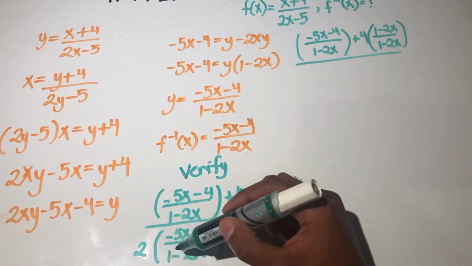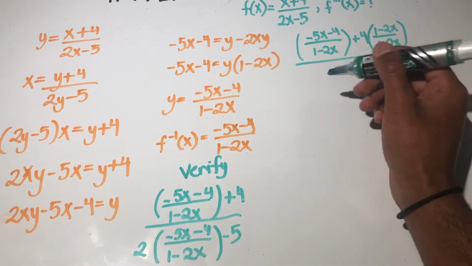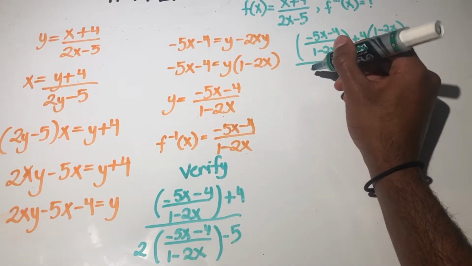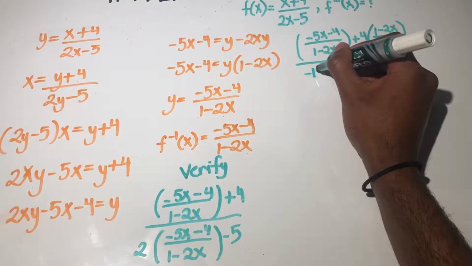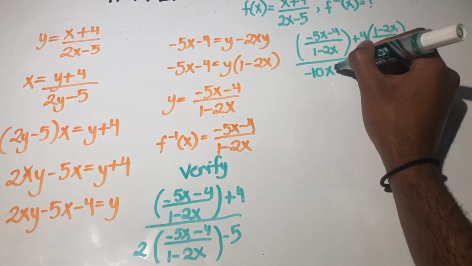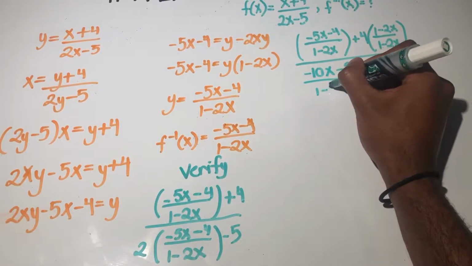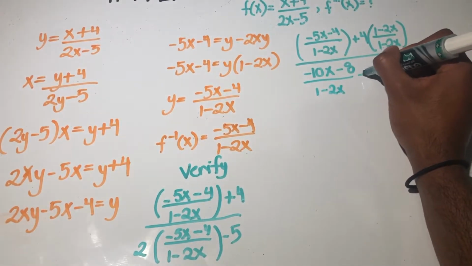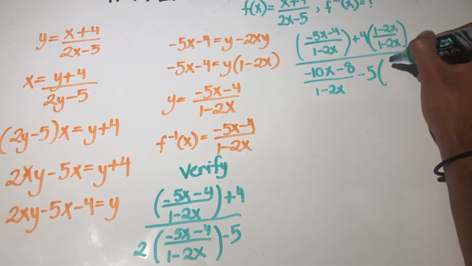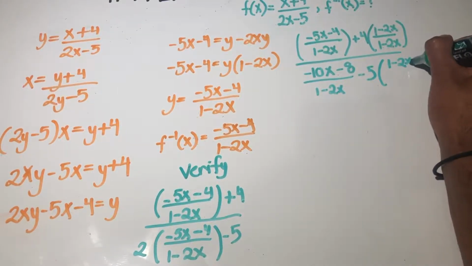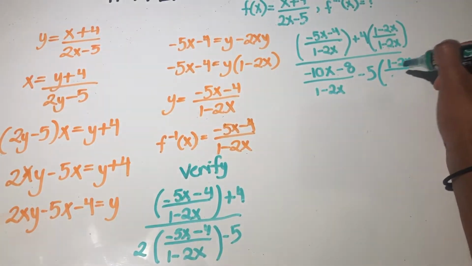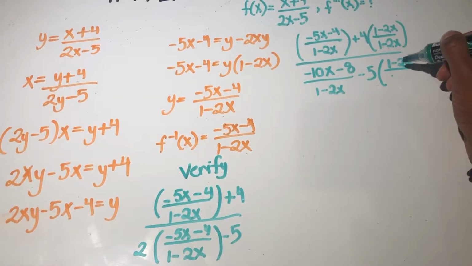Now I can multiply this actually. So negative 10x minus 8 over 1 minus 2x minus 5 times 1 minus 2x over 1 minus 2x.